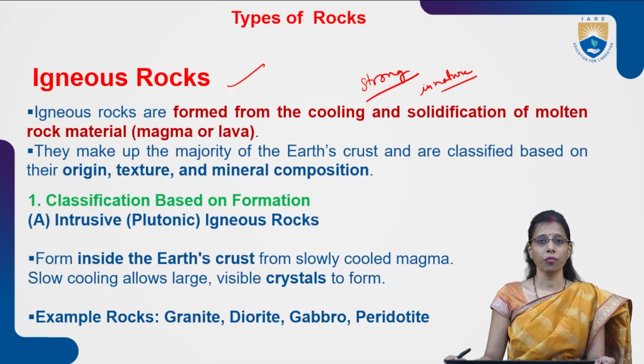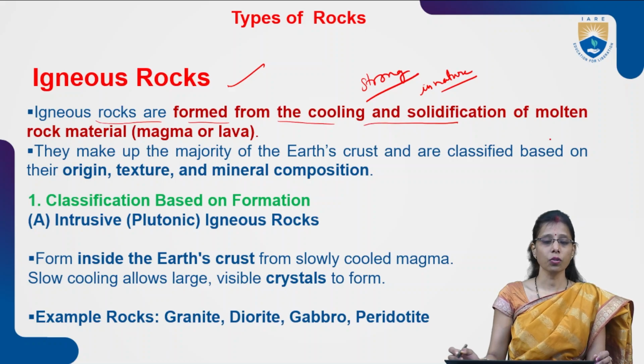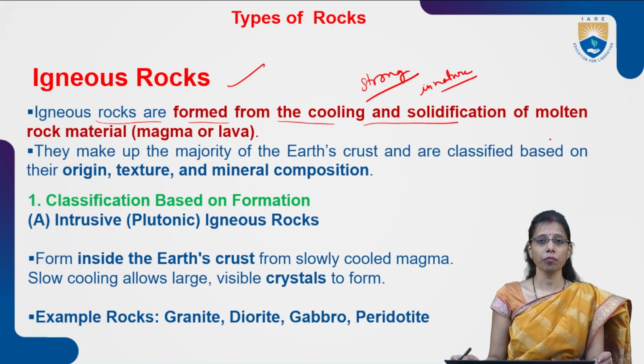There are different types of rocks formed due to the intrusive and extrusive classifications. So let us understand what kind of rock it is. Igneous rocks are formed from the cooling and solidification of molten rock material, either magma or lava.